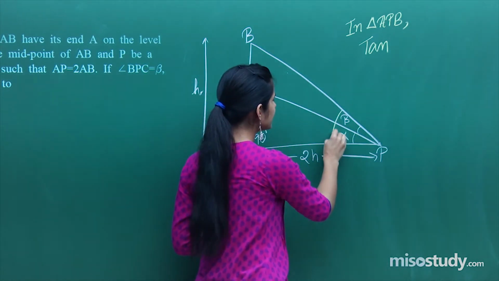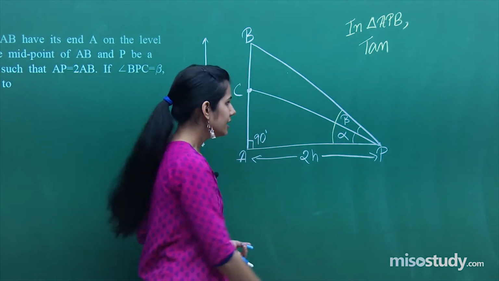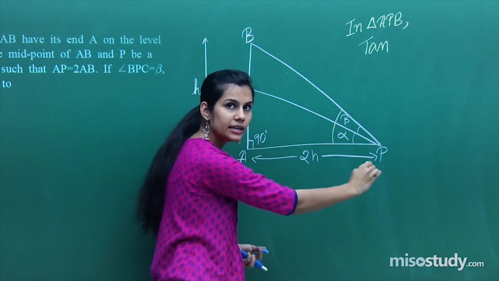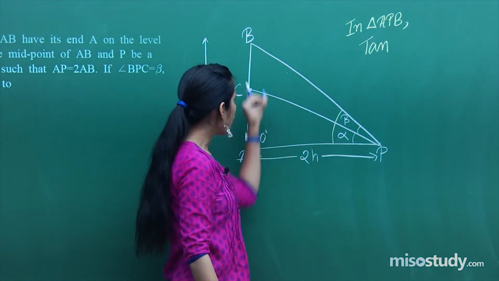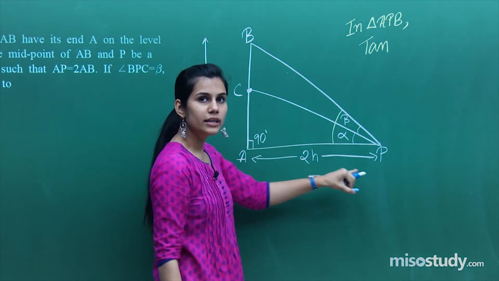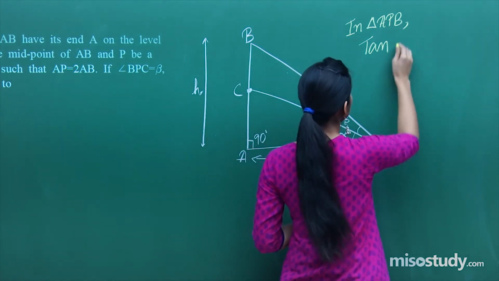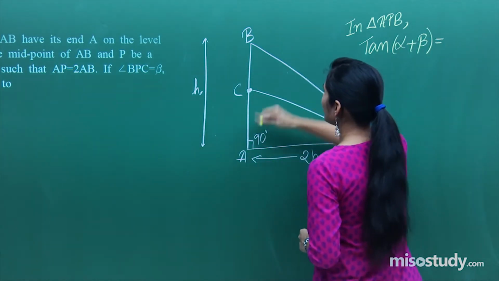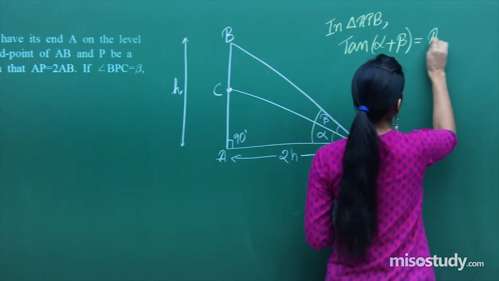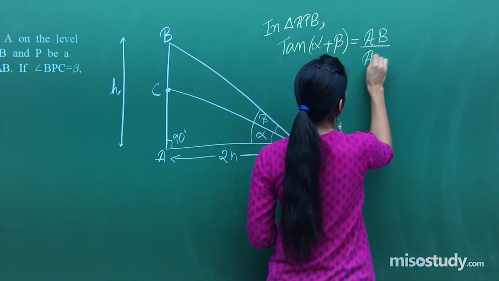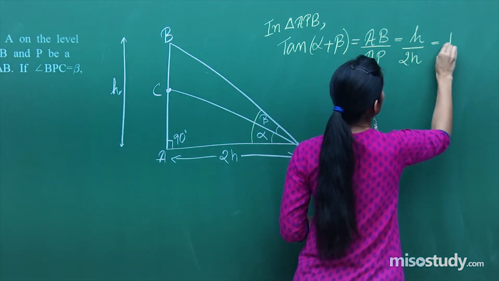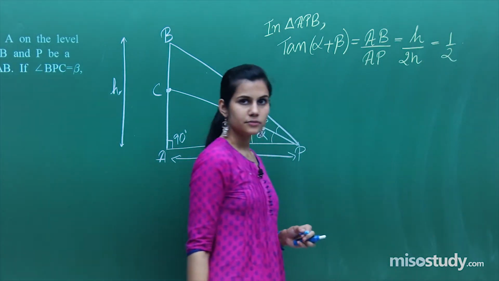Tangent ratio of this angle will be AB upon AP, that is perpendicular upon base. So tan of this angle, which is alpha plus beta, is equal to AB upon AP. AB is H, AP is 2H, you get 1 by 2.